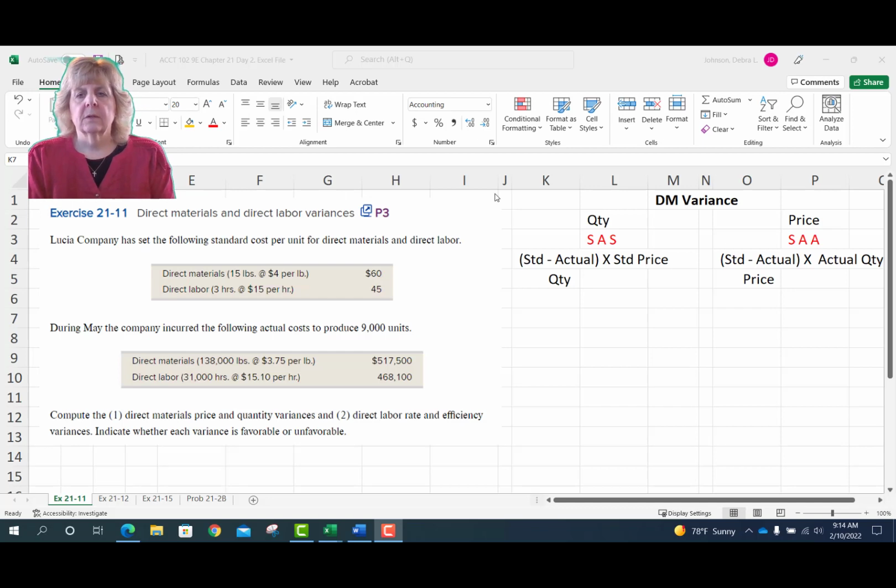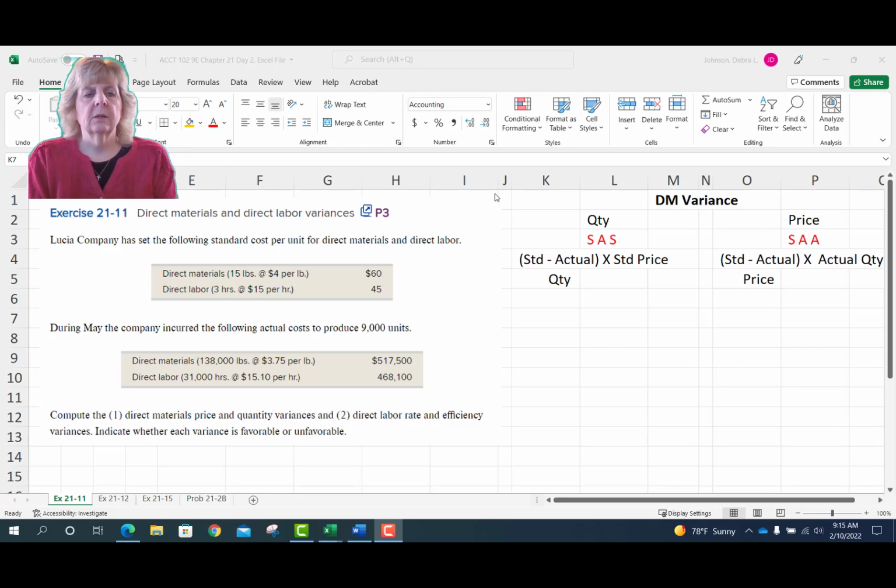Our first exercise today will be a straightforward direct materials and direct labor variance calculation. Remember that I'm showing you an alternative way to compute these. However, I will also show you the author's solution manual so that you have a way to check your work no matter which way you decide to proceed.